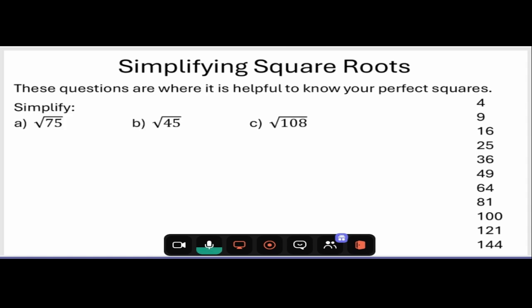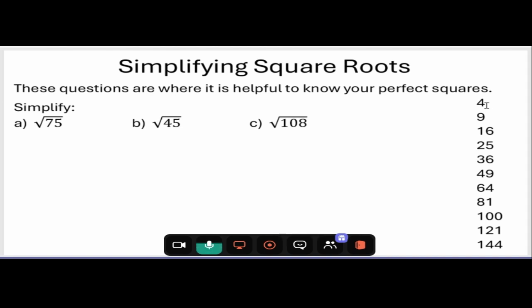So here's what we're looking for. We're going to look at that 75, and we're going to try and find one of our perfect squares that goes into it evenly. Let me give you a suggestion here, something I see students do. Don't just sit there and stare at 75 and await inspiration from on high about what number to divide out.